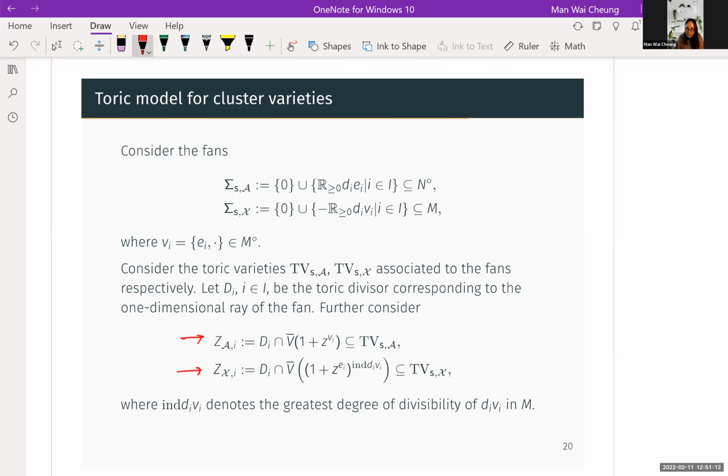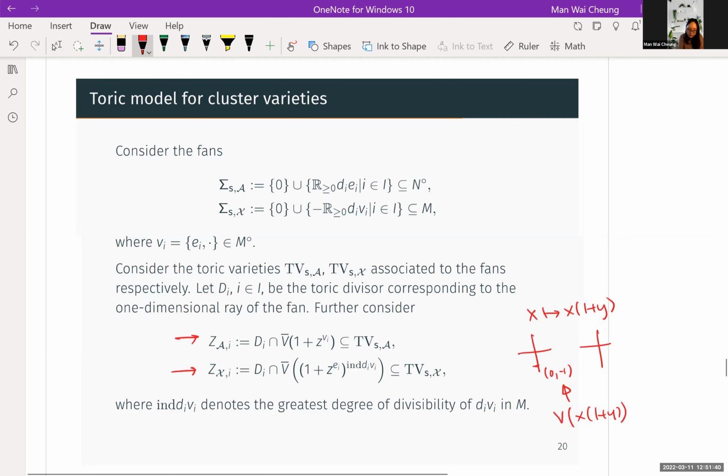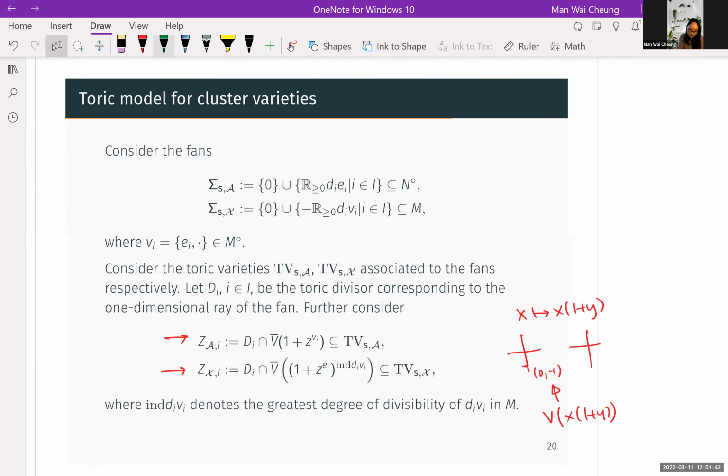This one seems very technical, but again, let me convince you that this is nothing, because in the beginning, we said x to x plus y. And then here, you can see what we blow up is this point 0, -1, which is nothing but the zero of 1 plus x, y.